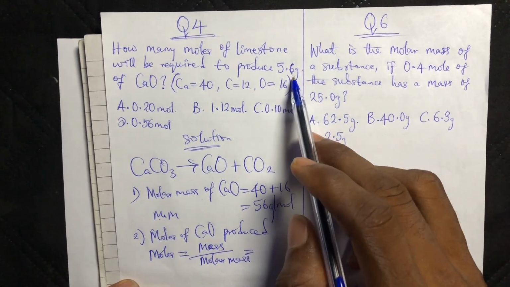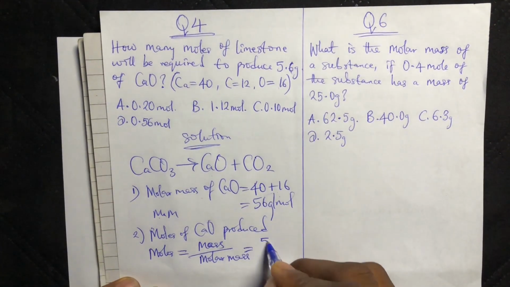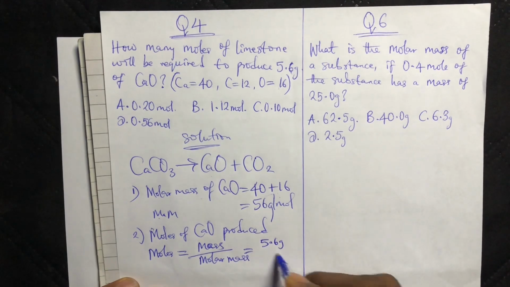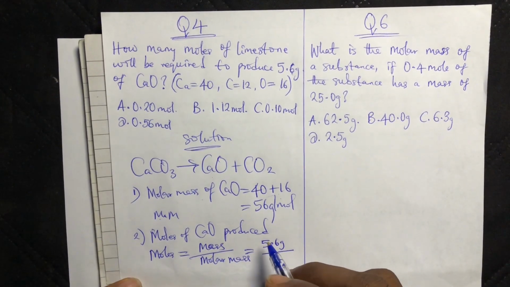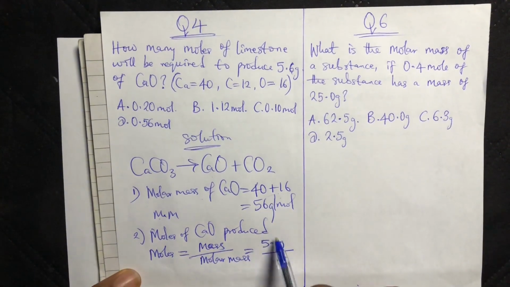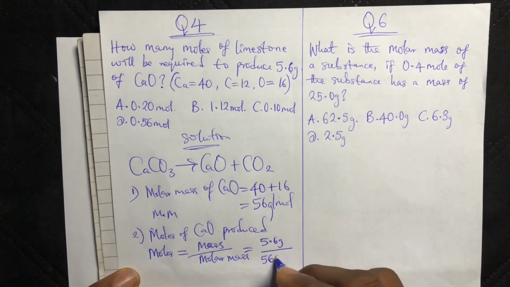Our mass in the equation is 5.6 grams. So you write out your mass to be 5.6 grams over molar mass. What is our molar mass? Our molar mass now is from here, is 56 grams per mole, right? So you're going to write 56 grams per mole.